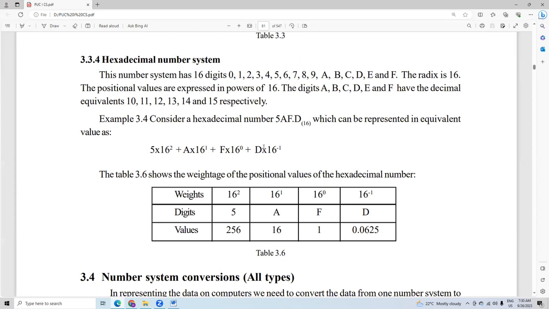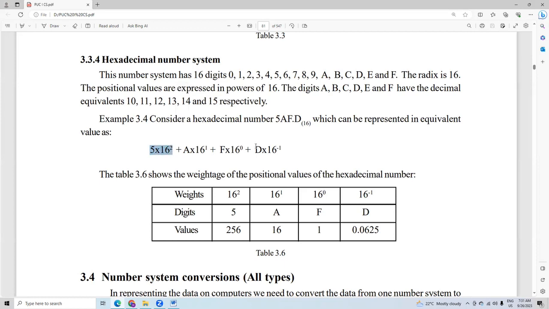So here, first, as the base or radix of the number system is 16, we write 5 into 16, plus A into 16, plus F into 16, plus D into 16. Before the decimal point, the first letter is F, so 16 raised to 0 for F. Then the next letter is A, so A into 16 raised to 1, and 5 into 16 raised to 2.